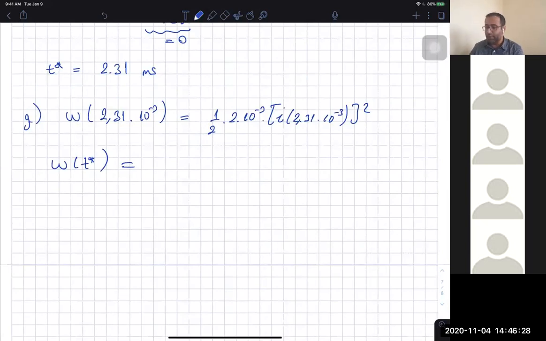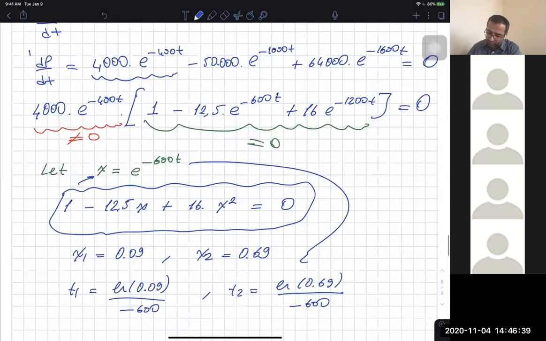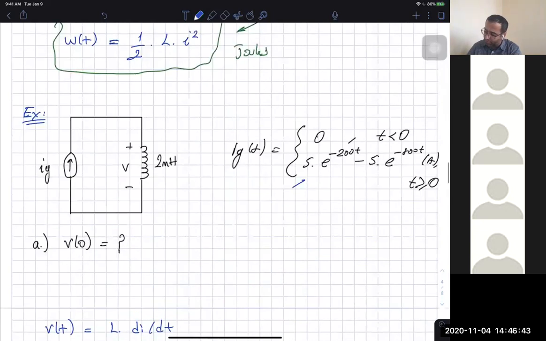And we need to do this calculation. We have the current equation, so I can directly put this number back into that equation. We have the current equation somewhere, maybe far at the beginning. So is there any volunteer to calculate this?